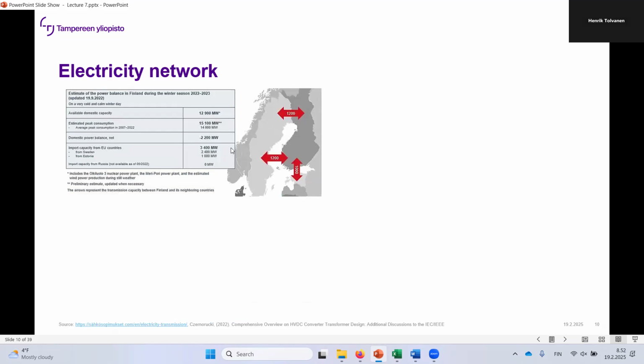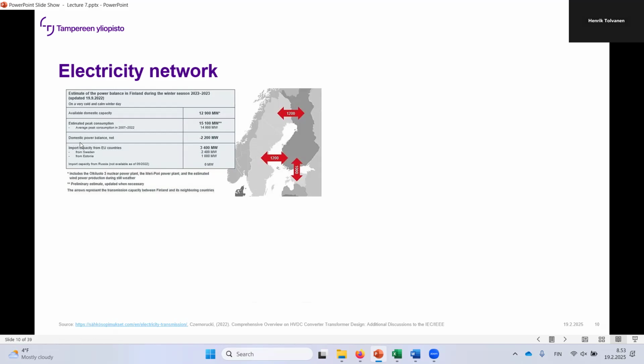And that's a bit small text, but hopefully you can see it. Available domestic capacity in 2022-23 was around 13,000 megawatts, and estimated peak consumption during 2007-22 was over 15,000 megawatts.